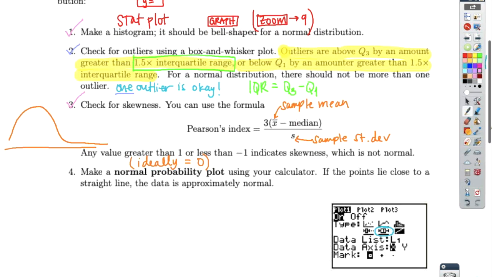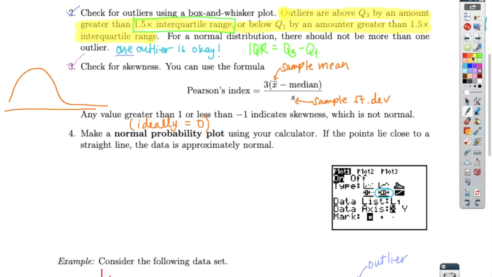So we've got test number 4, which is this thing called the normal probability plot. So this is a graph that we have not made using our calculator before. So you're going to go back to stat plot and click on plot number 1.